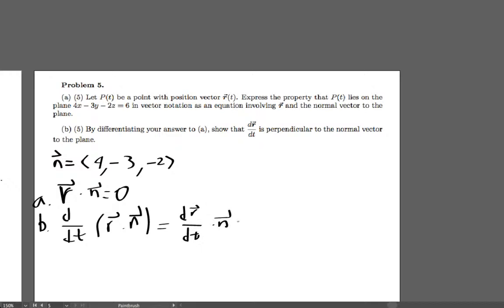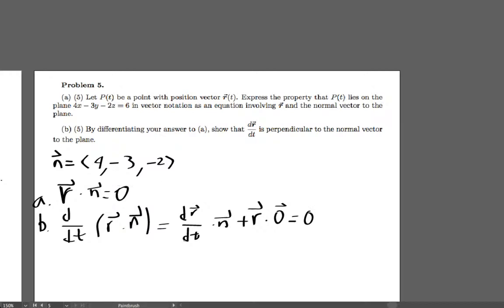plus r vector dot the derivative of the n vector, which is a constant, so you can write this as the 0 vector, and it would equal 0, because when you take the derivative of 0, it would be 0.